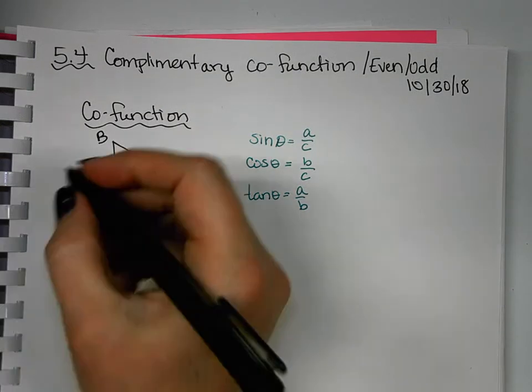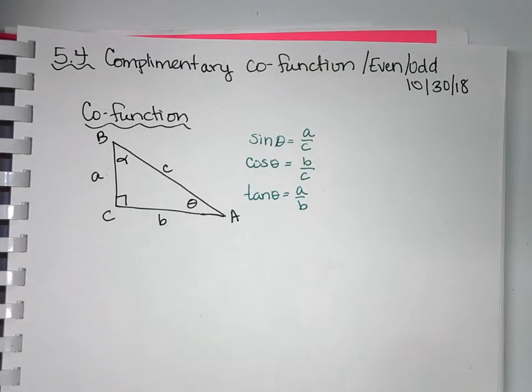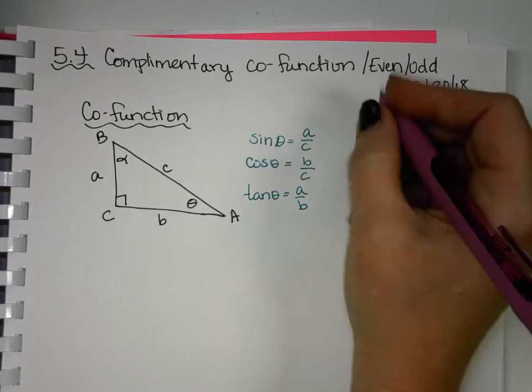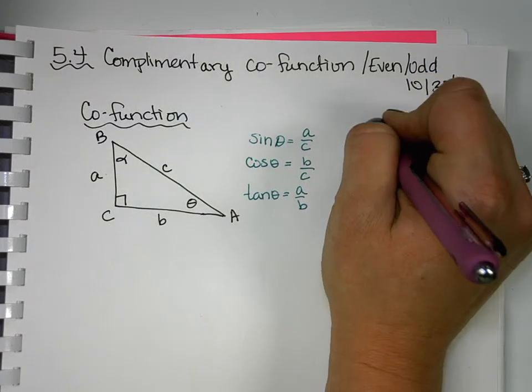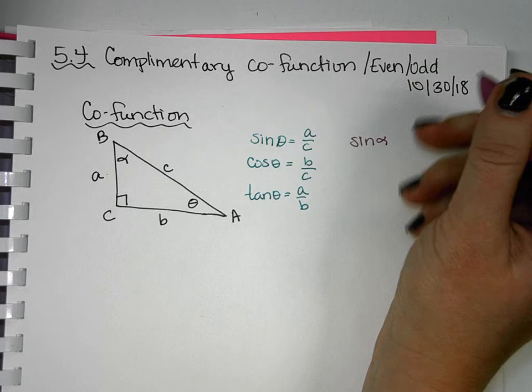Now, what if we have this other angle? Okay, alpha I'm going to put where B is. If I were to do sine of alpha, sorry, not beta, alpha.